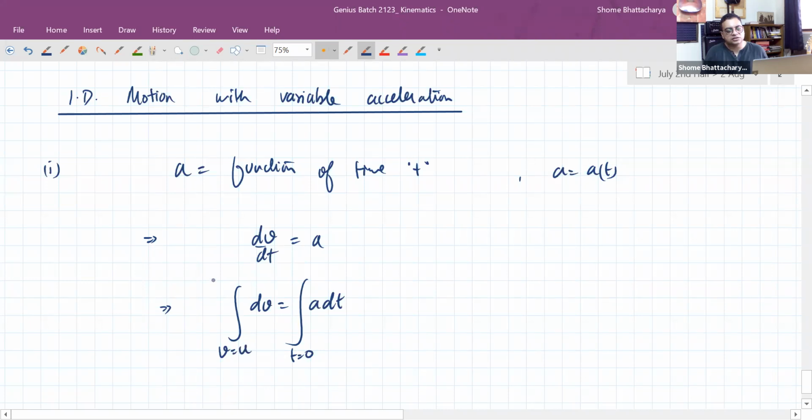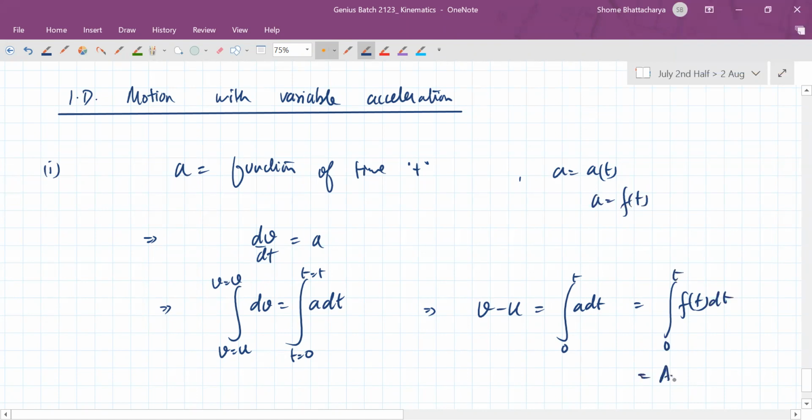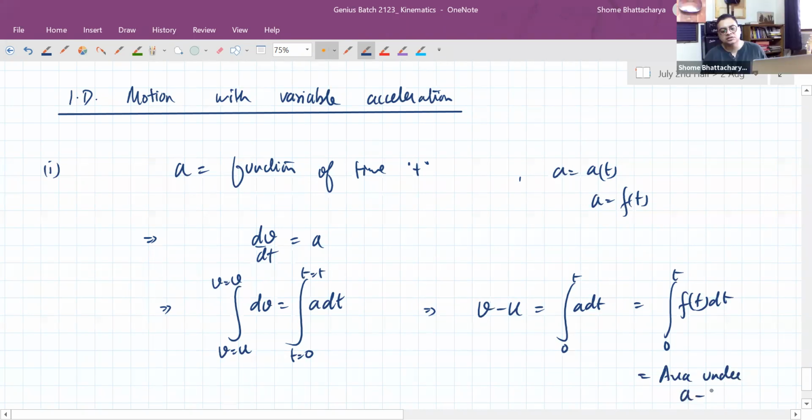If some initial velocity is there, then v minus u is the integration of a dt from 0 to t. So it is integration of some kind of function of time, because the acceleration is some kind of function of time, from 0 to t, or that is the area under the a versus t graph.